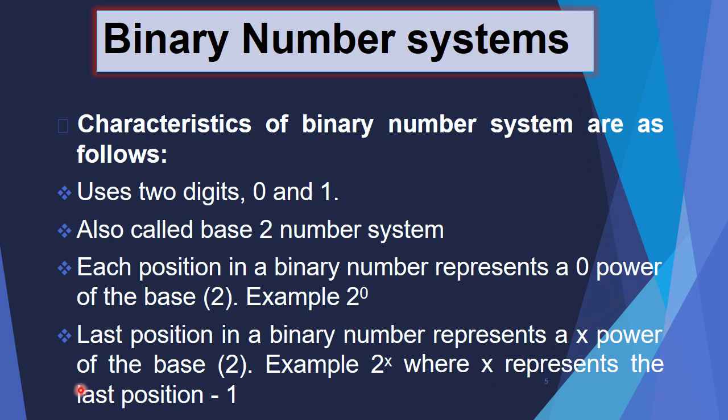Each position in a binary number represents a power of the base 2. For example, 2 to the power of 0: 2 is the base over here, and 0 is the power. And the last position in a binary number represents x power of the base 2. For example, 2 to the power of x, where x represents the last position.